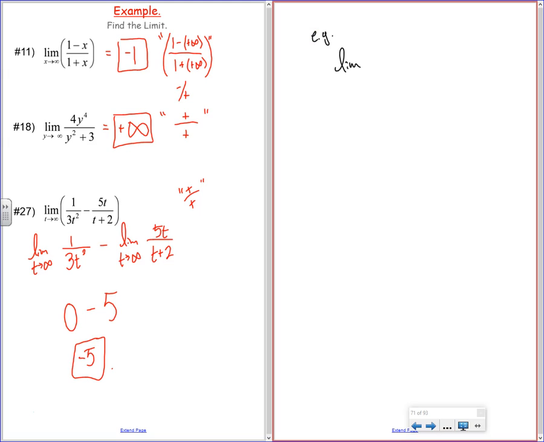The limit as x approaches negative infinity of 7x all over the square root of 3 minus 4x squared.